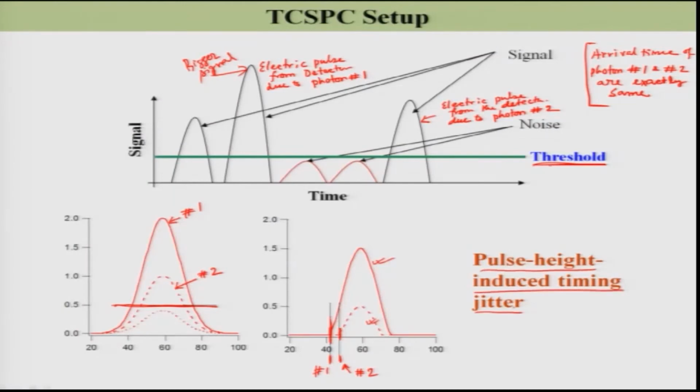There is a timing jitter, also known as time jitter induced by the amplitude jitter of the detector.